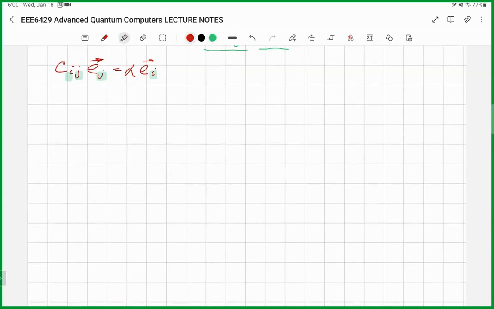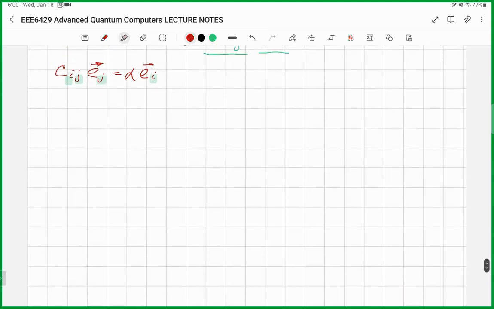Very good. So now we can move the right hand side to the left part. It gives us Cij ej vector minus alpha ei vector equals 0.